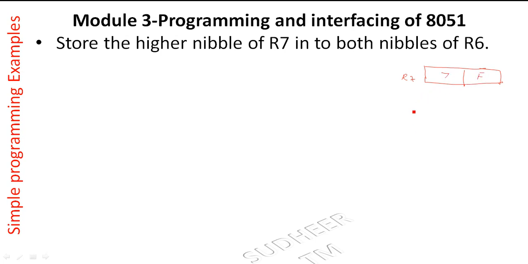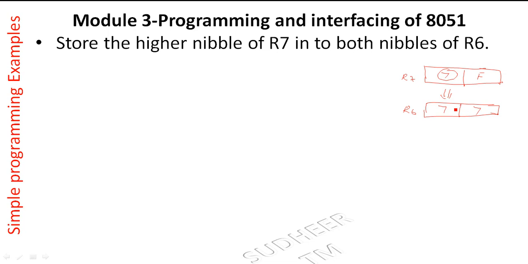We need to copy the higher nibble, which is 7, to both the nibbles of R6. After executing our program, say this is our R6 register, the higher order nibble 7 should be within both nibbles of R6, meaning it should be 77. Whatever the content of R7, its higher nibble should be loaded to both nibbles of R6.